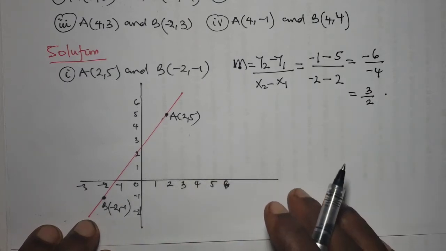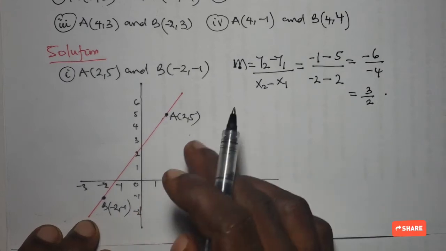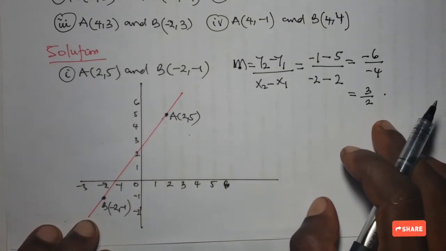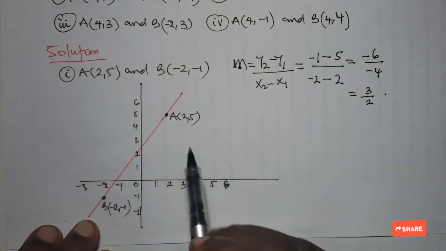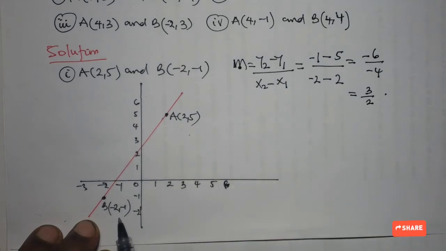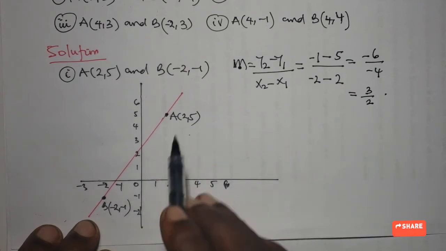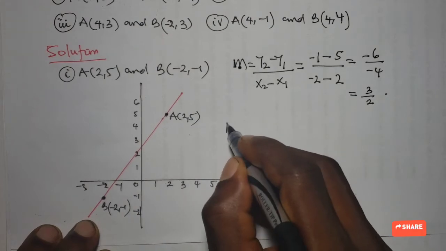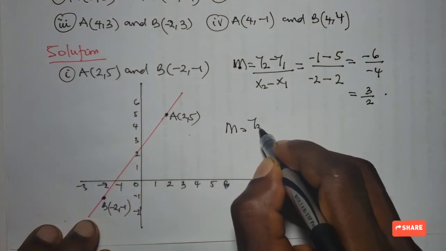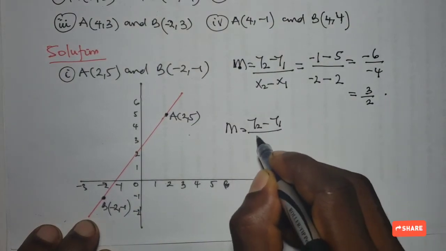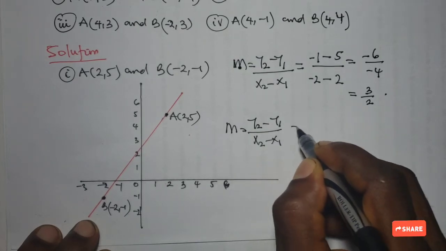Very quickly, let us switch the point and see if we'll arrive at the same slope. We had used this as a what? X1, Y1 and X2, Y2. Is that correct? Yes. Let us switch and use this as X1, Y1, X2, Y2. So our slope M would be, again, Y2 minus Y1 over X2 minus X1.